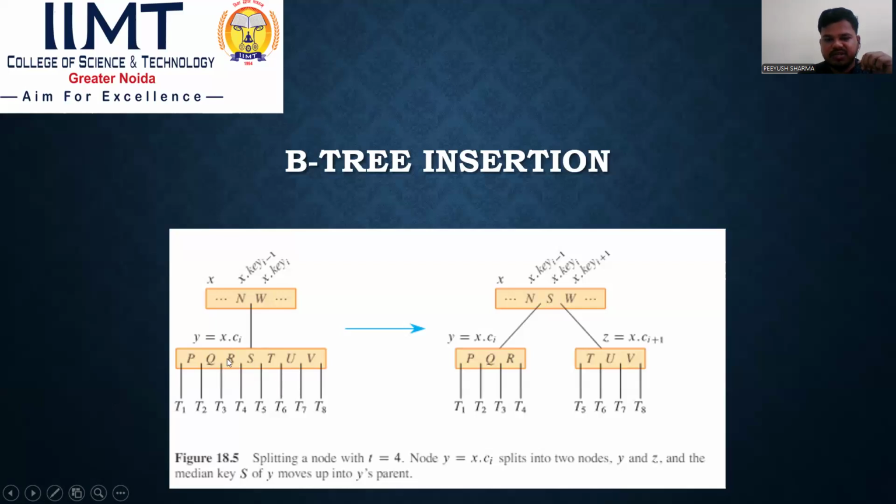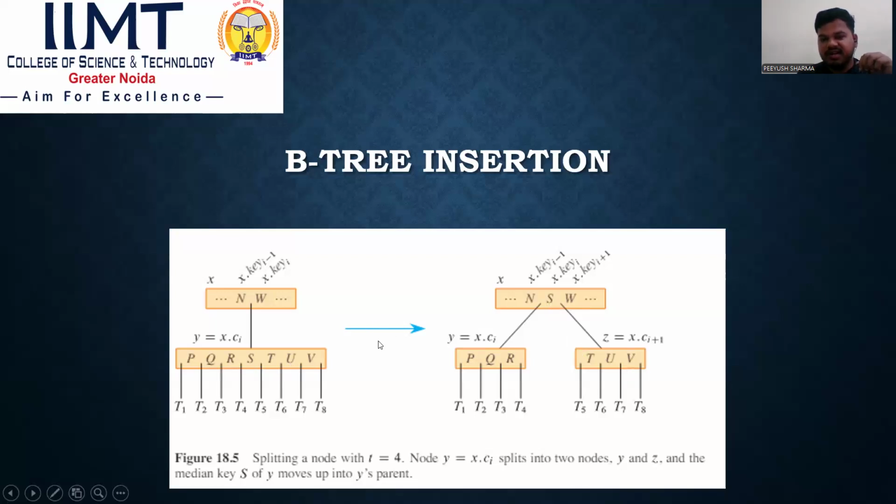For splitting, since this is in non-decreasing order, S goes to its parent, and the left keys, that is PQR, should form the left node, and the right keys of this node should be the right child of the key S, right?